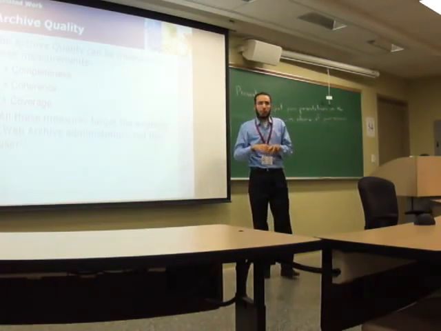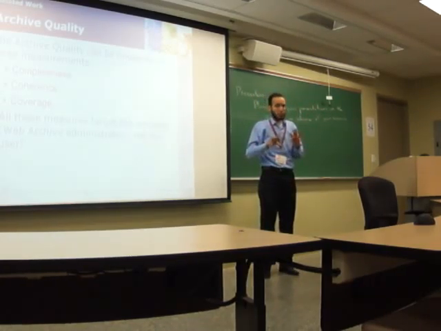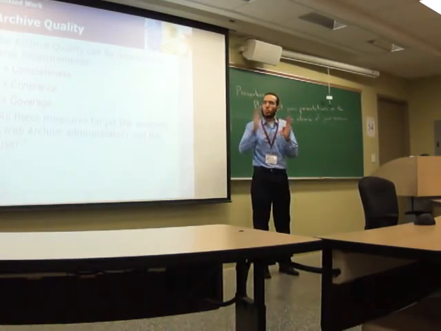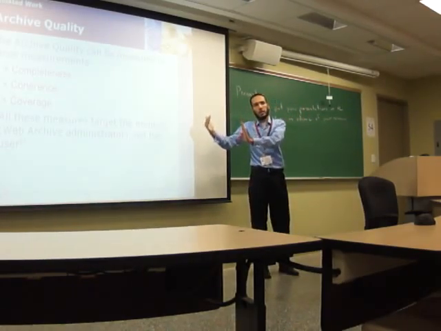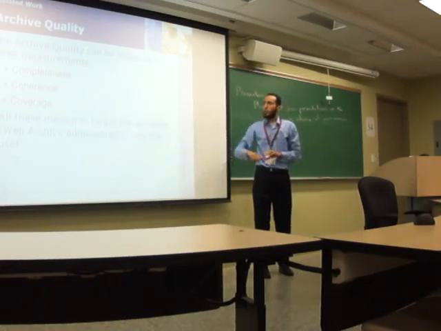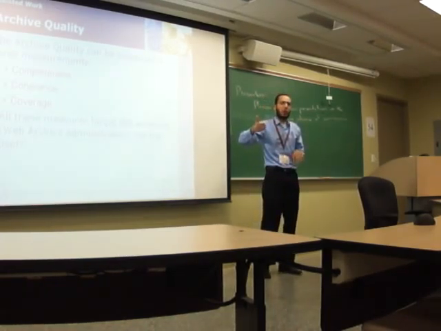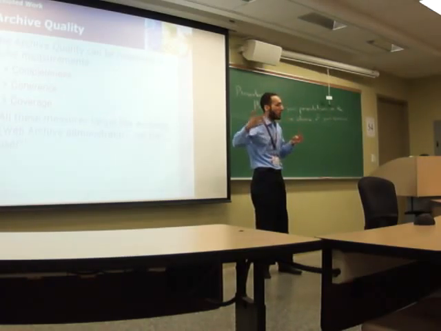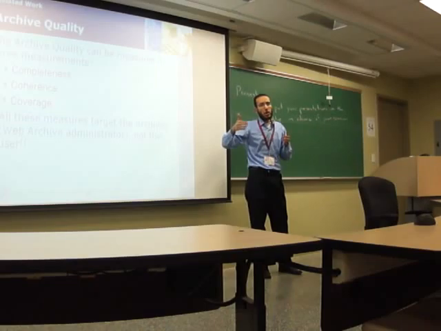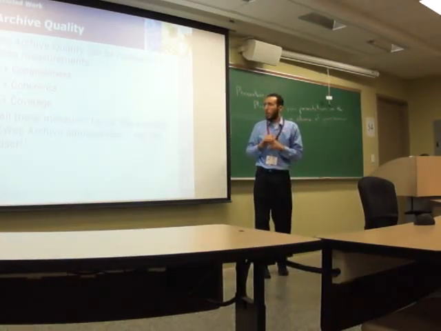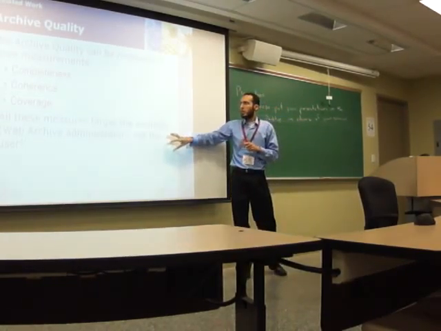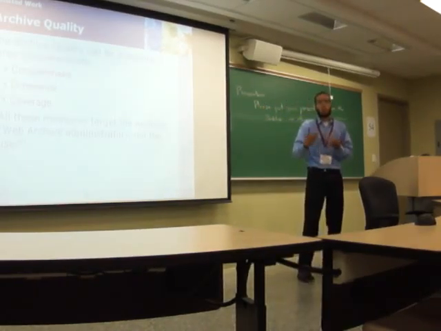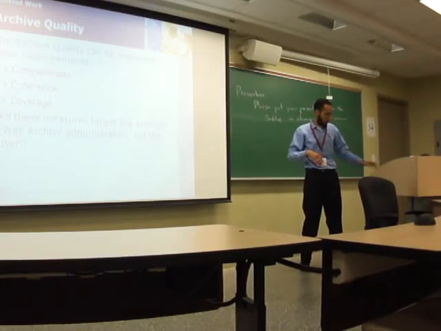Coherence: if I have a complete website, could I archive it all at the same time, or is it a snapshot as it was in the past? Coverage: does the number of archived copies really reflect the number of changes of this URI or this website? Actually, all these measurements target the archivist, or the web archive administrator, more than the user.